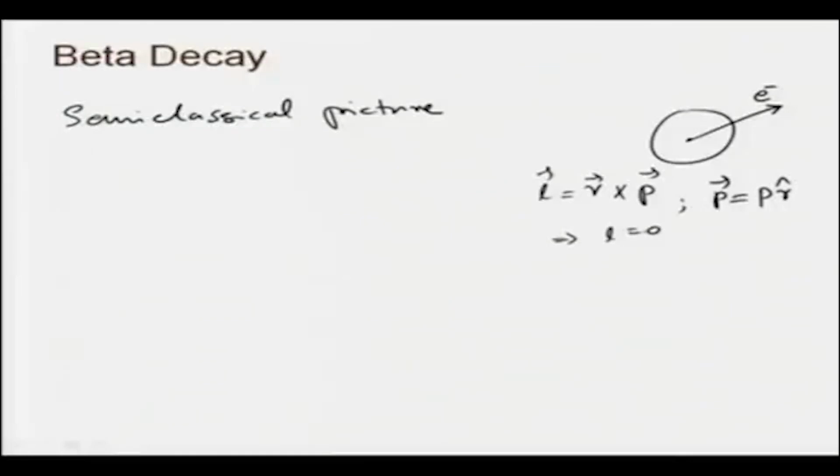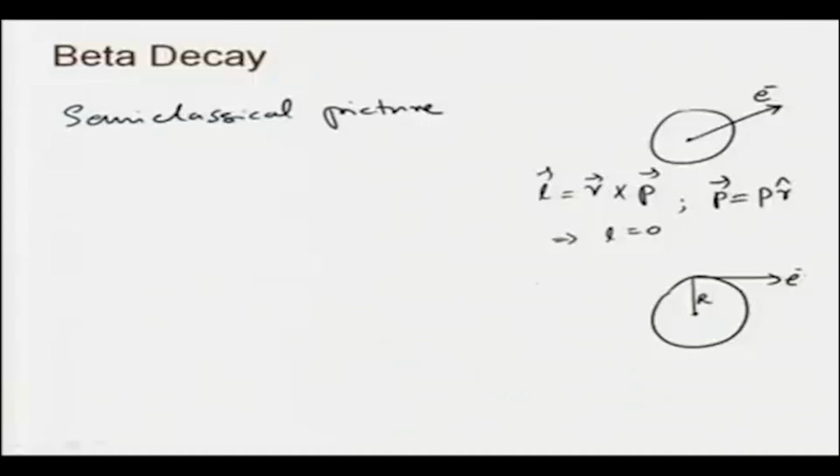But if it is not the case, if it is actually moving, say, tangential to this r, that is the case when r cross p will be maximum, and even the magnitude is maximum, the r perpendicular direction, the distance between the center and the direction of p, if that is also maximum, which is possible if the electron is emitted from somewhere at the periphery of the nucleus.